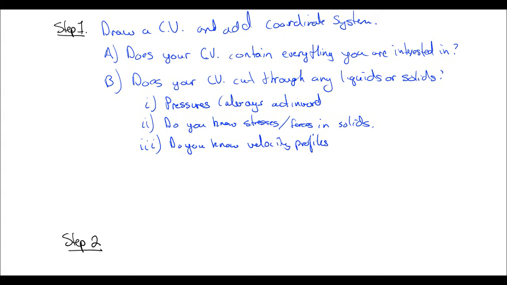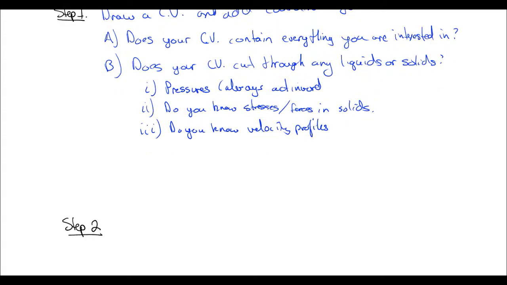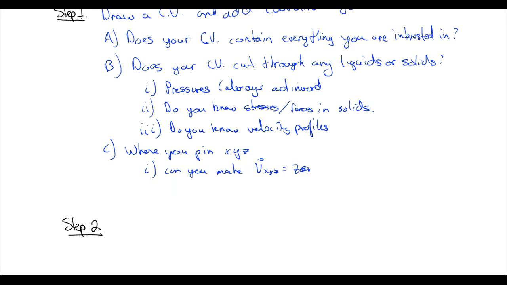And lastly, we want to see where you pin XYZ, right? So your coordinate system, where do you put it? And a question you ask yourself for this is, can you make v xyz equal to 0 in the CV?